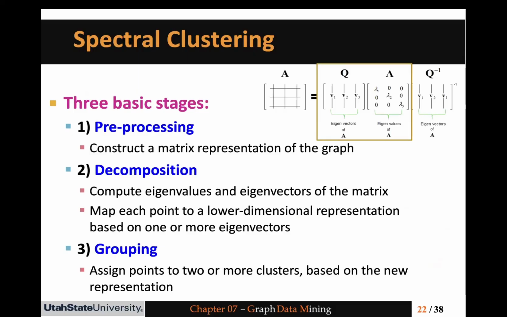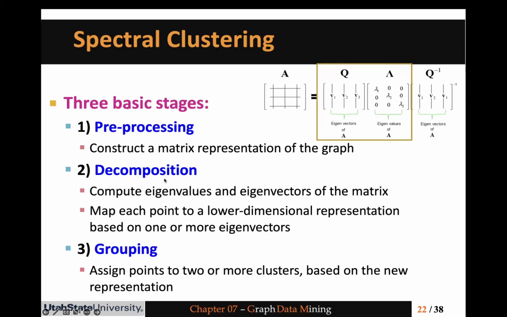graphs. Okay, now the next thing that we're going to talk about is spectral clustering. Spectral clustering is also the second community detection algorithm. It's very straightforward, quite easy. If you understood the PCA algorithm, then you should be able to understand spectral clustering very easily. And it has three basic stages. The pre-processing, which is constructing a matrix representation of the graph. So we're going to see that we need to construct the Laplacian, which we already discussed when we discussed the concept of graph representation in memory.